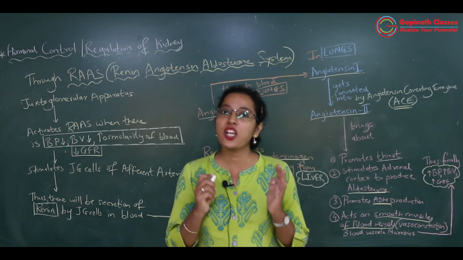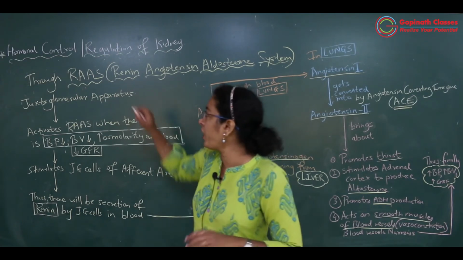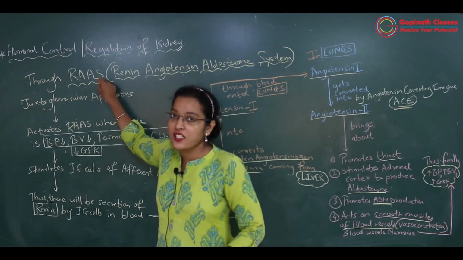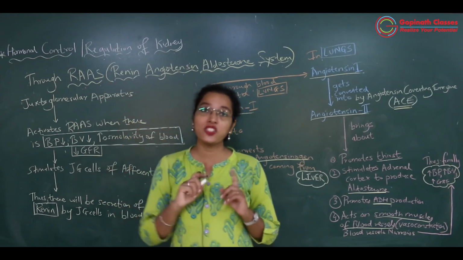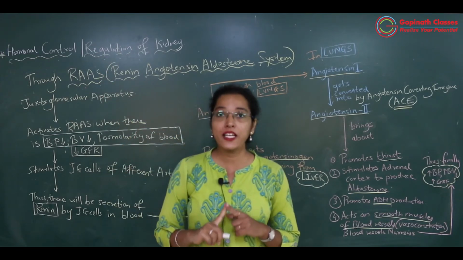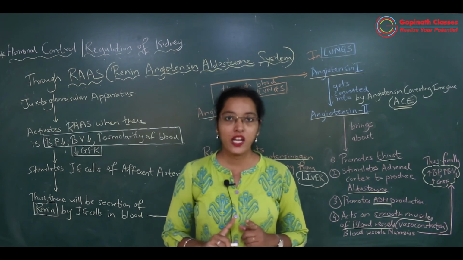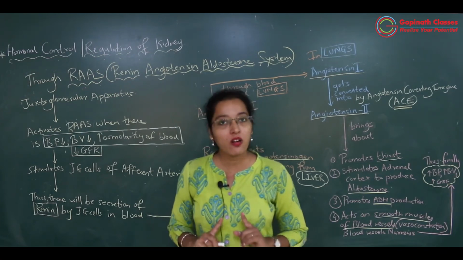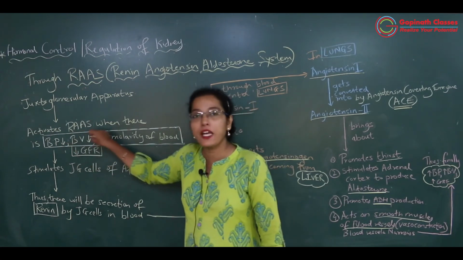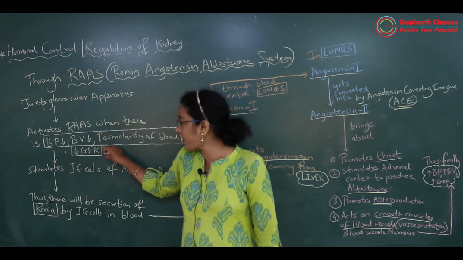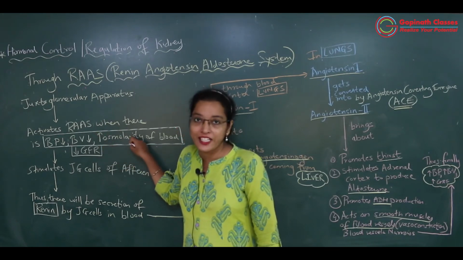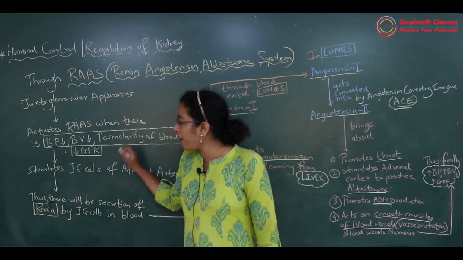Now we'll see what is the role of this JG apparatus in our body. Why is the JG apparatus there? For RAAS. Whenever RAAS gets activated, the JG apparatus plays a very important role in regulating the BP. BP has decreased, BV has decreased, GFR is less, osmolarity has increased. So what will happen?